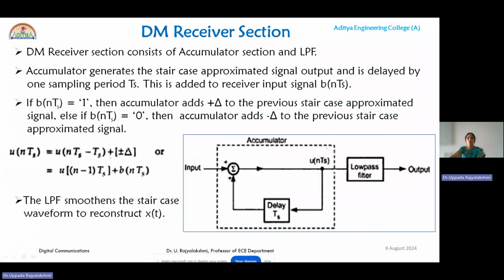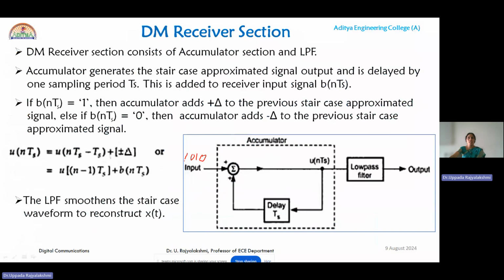And coming to the delta modulation receiver section, here you can see an accumulator followed by a low pass filter. Here the input is applied to the accumulator section. What is the input to the DM receiver? A binary stream. For example, let us assume some binary stream 1010. It consists of a sequence of binary bits.